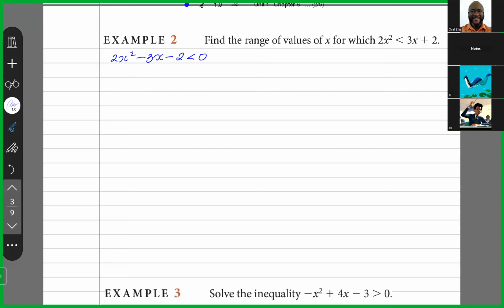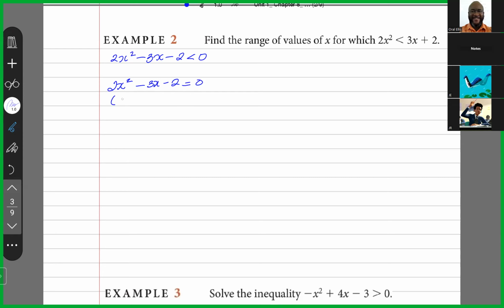So the next thing I would do to solve this is use a graphical approach. To use the graphical approach, I need to draw the graph of y is equal to 2x squared minus 3x minus 2. To draw that graph, I would need to know the roots of 2x squared minus 3x minus 2. And the roots would be the values of x for which 2x squared minus 3x minus 2 is equal to 0. So I'm going to solve the equation 2x squared minus 3x minus 2 is equal to 0.